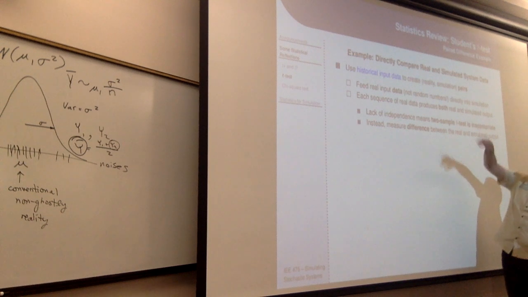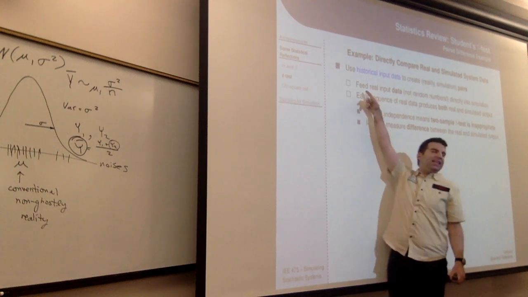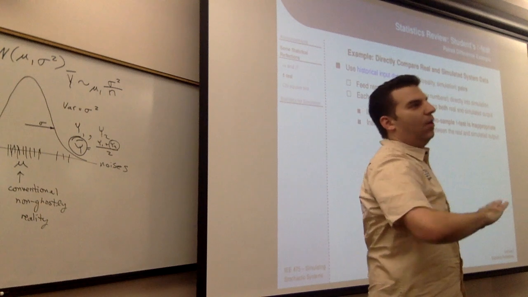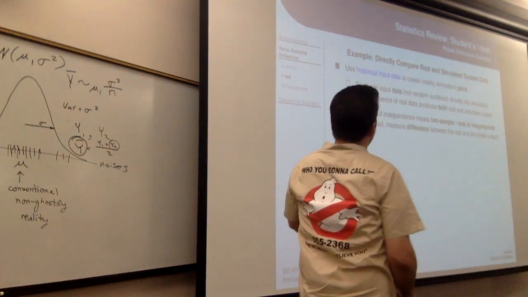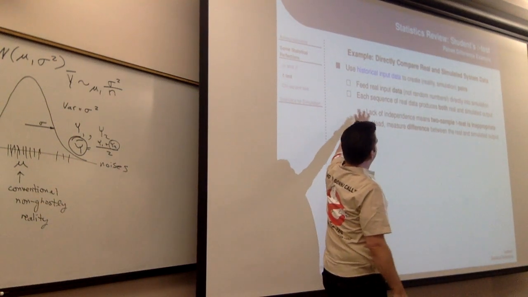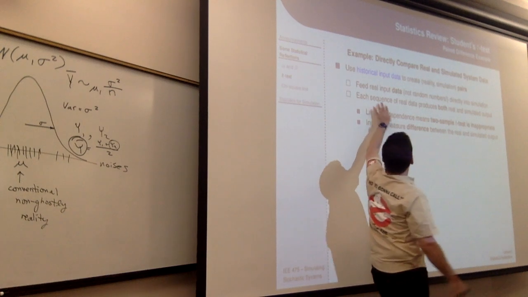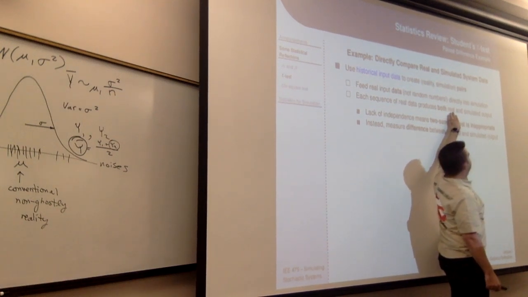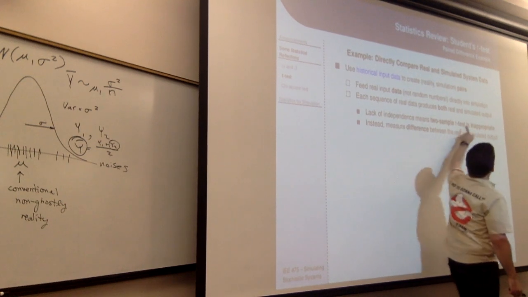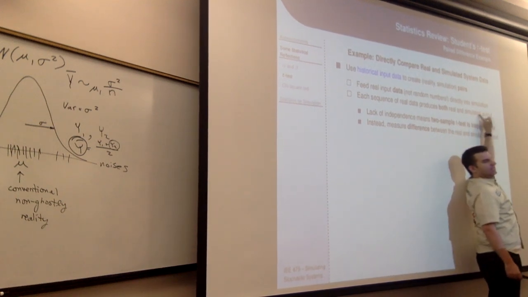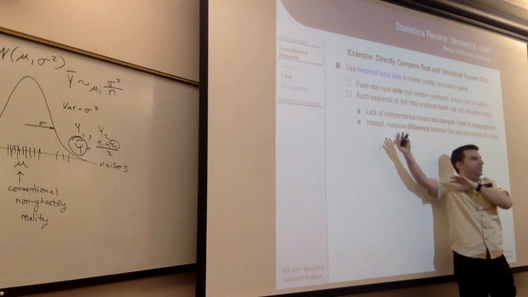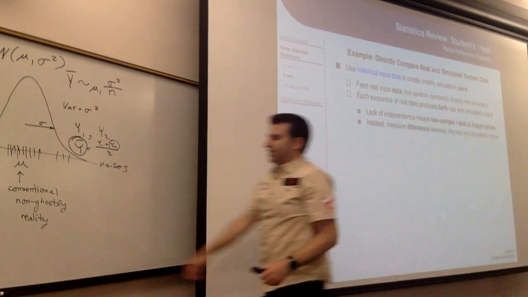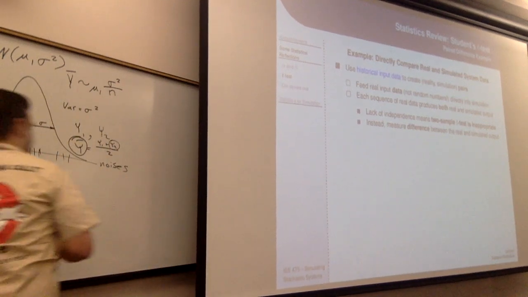So I'm going to take my input data and feed it directly into my simulation instead of using random numbers. This is one approach we can do for this. And so each sequence of real data, input data, I obviously have real output data associated with it. But then it also generates simulated output data that's associated with each input that I fed in. So now we've got one set of input data.